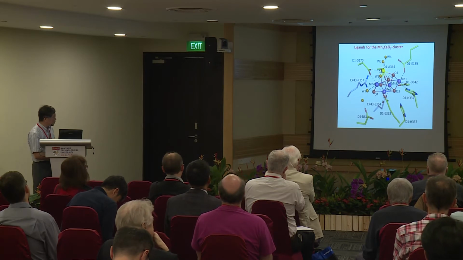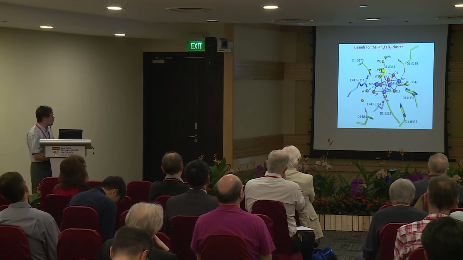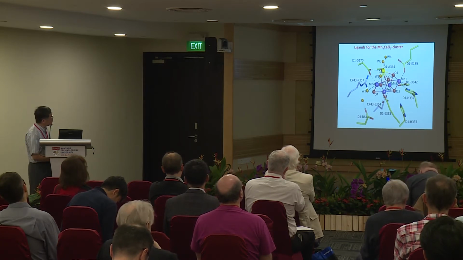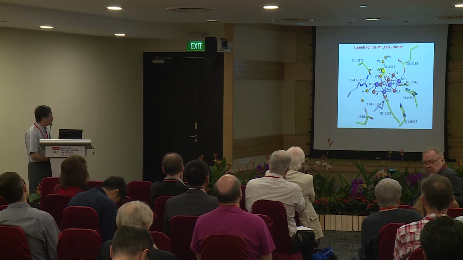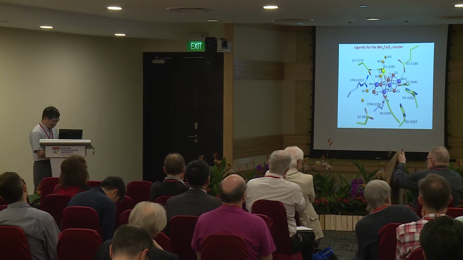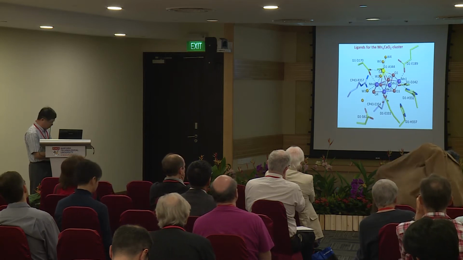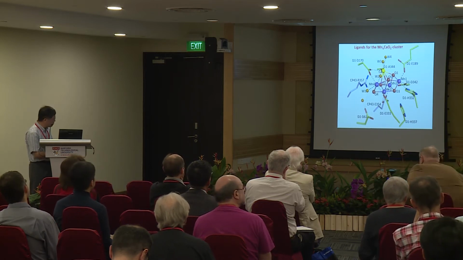And of course, it is coordinated by a number of amino acid residues. These are the coordination patterns for each of the metal ions. Because we are focusing on the mechanism of water splitting, I will also focus on the structure of the metal catalyst.